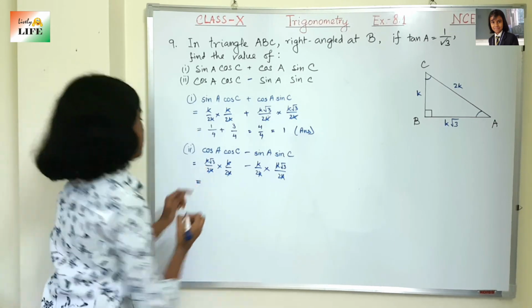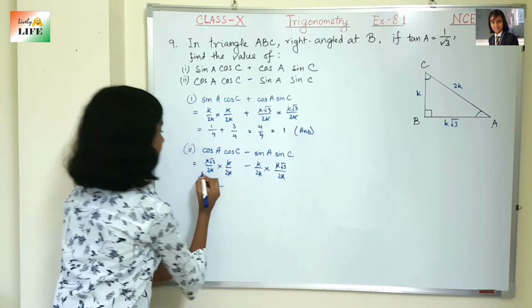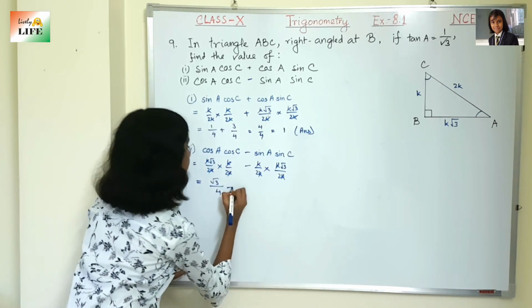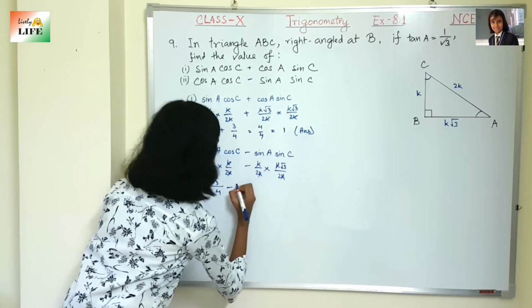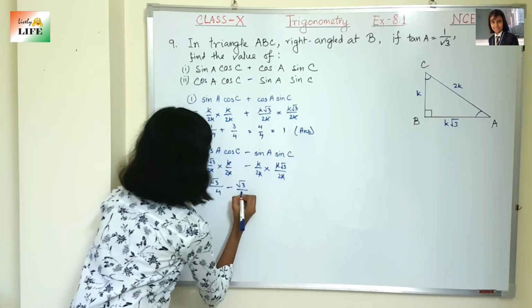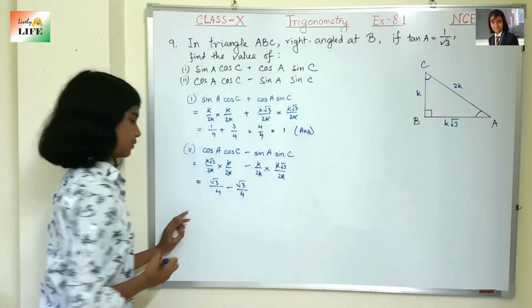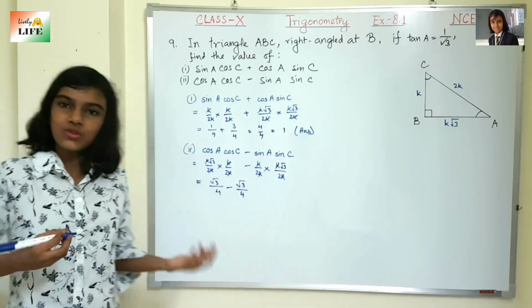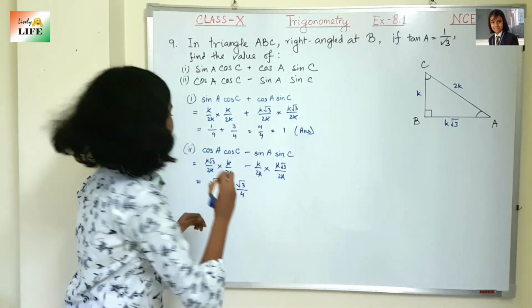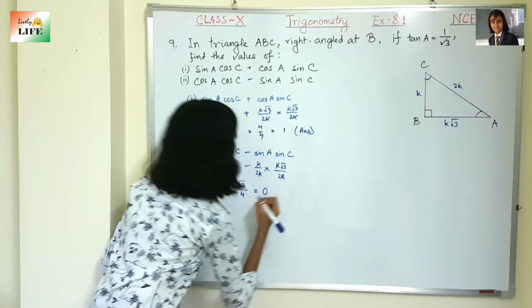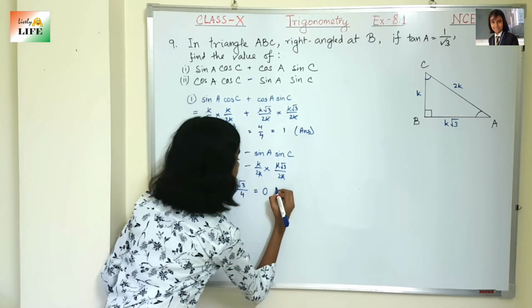Now root 3 by 2 into 4 minus again root 3 by 2 into 4. Now what is root 3 by 4 minus root 3 by 4? It is 0, of course. So the answer is 0.